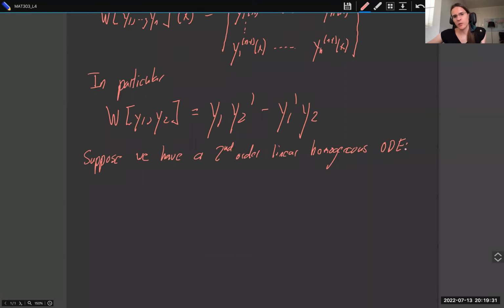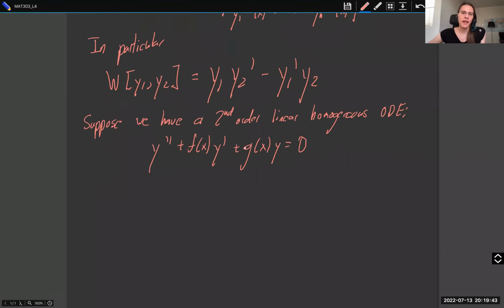And so the general linear second order homogeneous ODE is y prime prime plus f of x, y prime plus g of x, y is equal to 0, right? And suppose this has solutions y1 and y2.